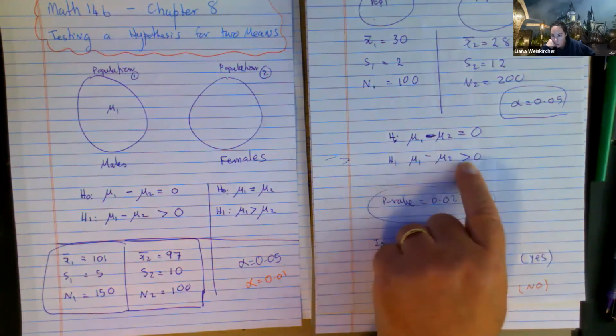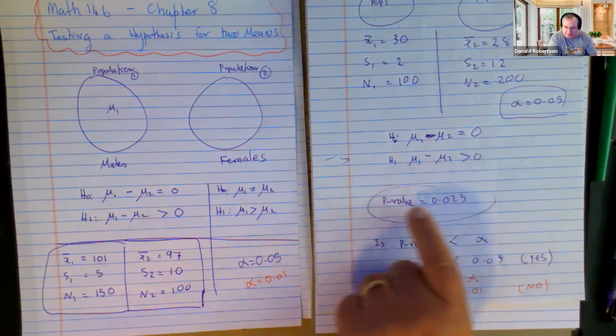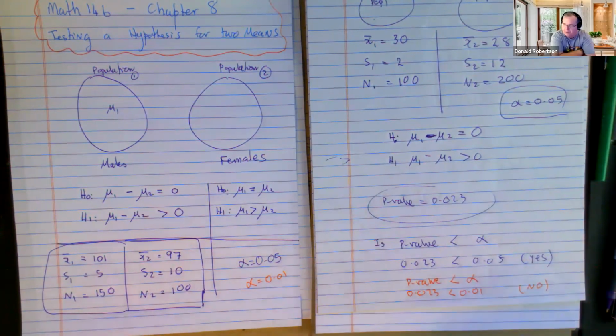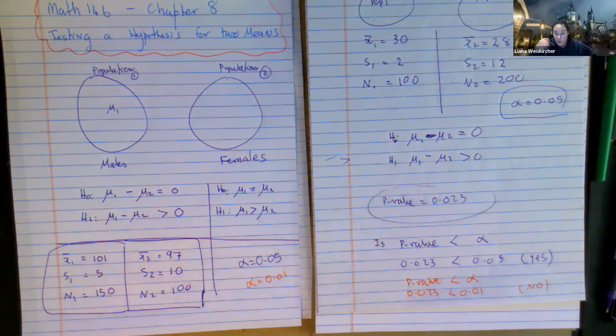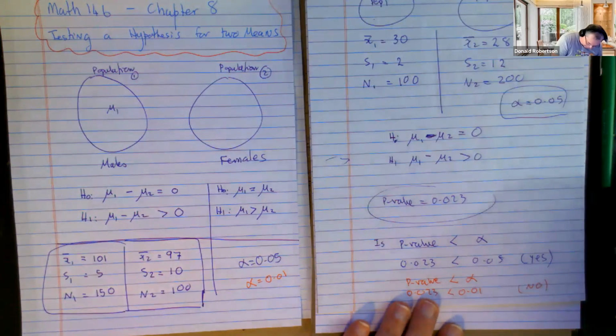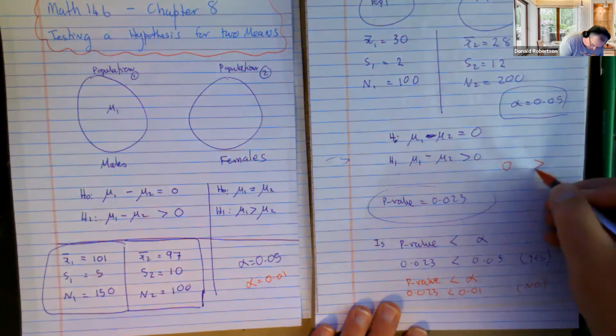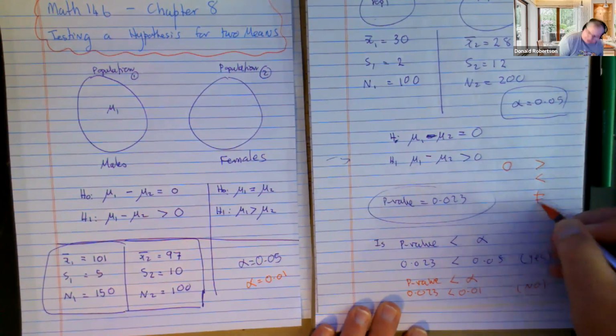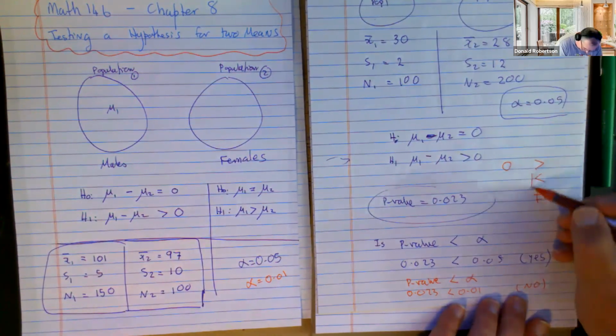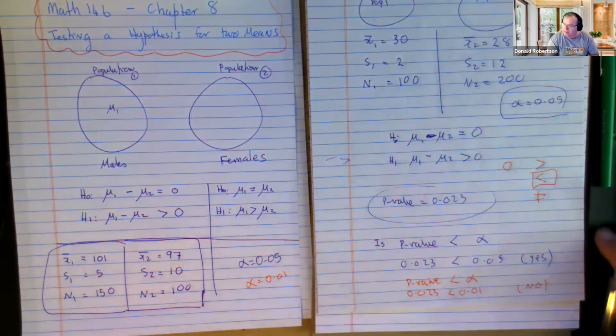All you do is choose the less than symbol, and the p-value will come out just the way it would. You see the bit at the bottom where you have 0, and then you put greater than, less than, or not equal to. You just pick the less than, and the p-value will come out.